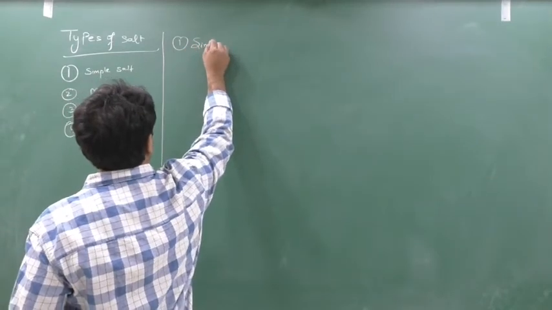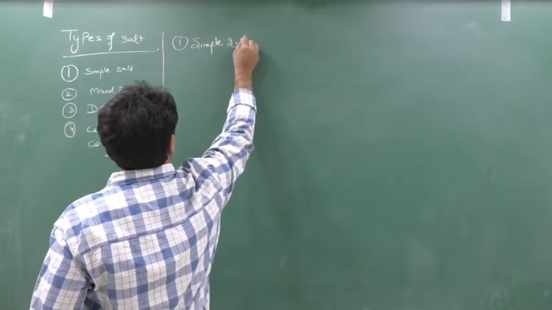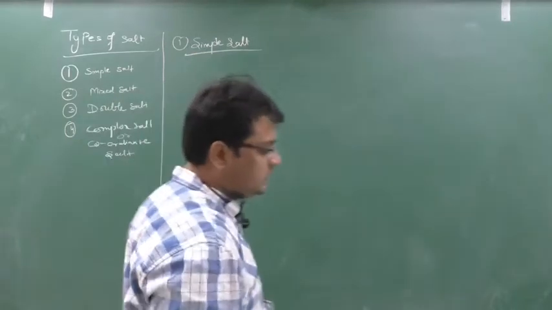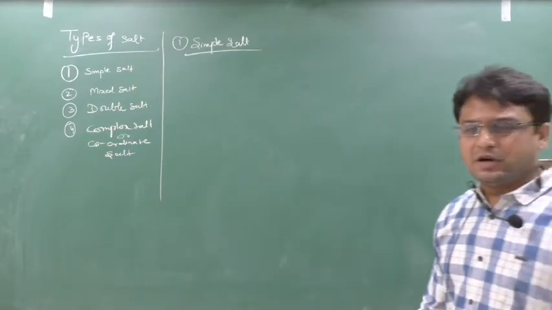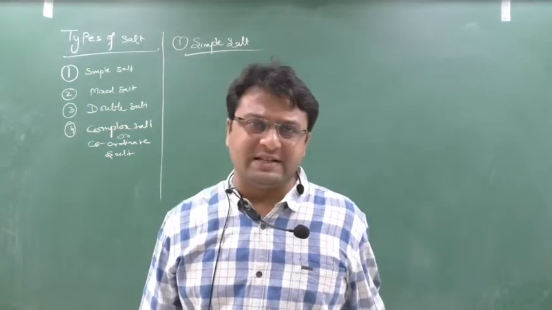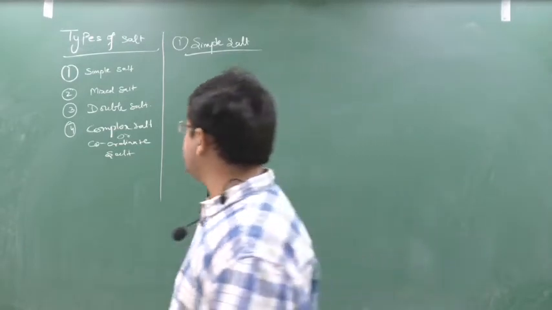Clear? Now see, what do you mean by simple salt? A simple salt is what you have seen at your home, NaCl. This kind of salt we say is a simple salt.